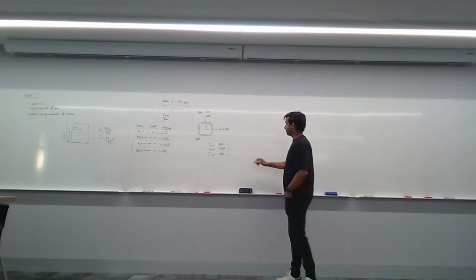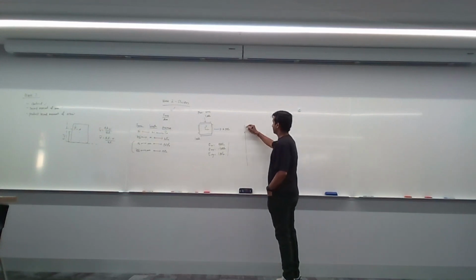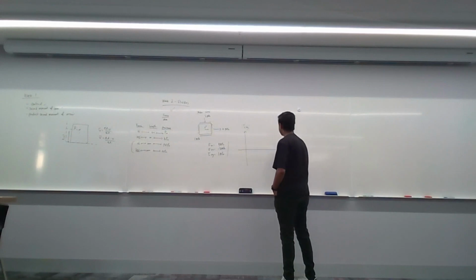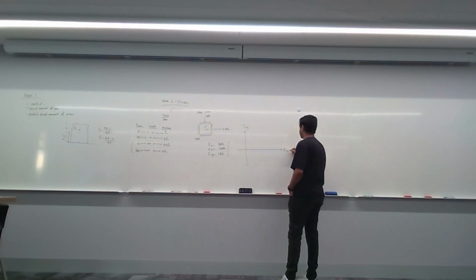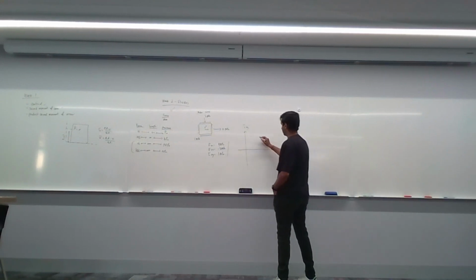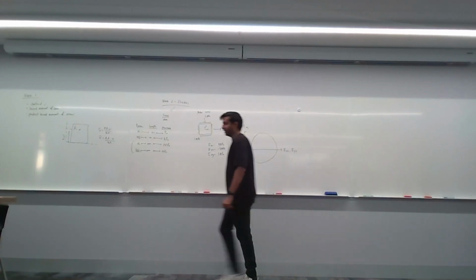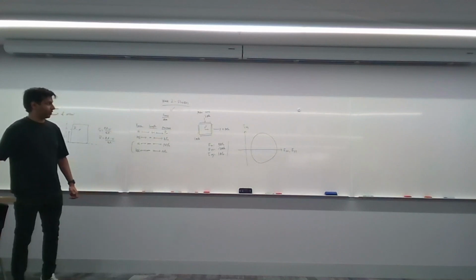Okay. Now I'm going to draw out the Mohr circle. So tau xy on the top, sigma xx, sigma yy, and I'm going to draw up two scenarios.